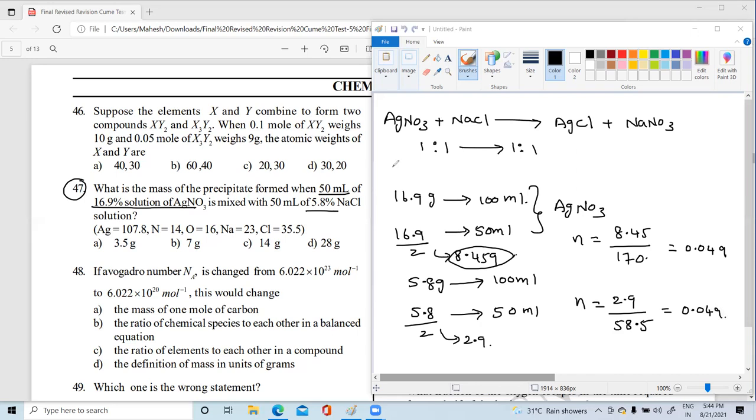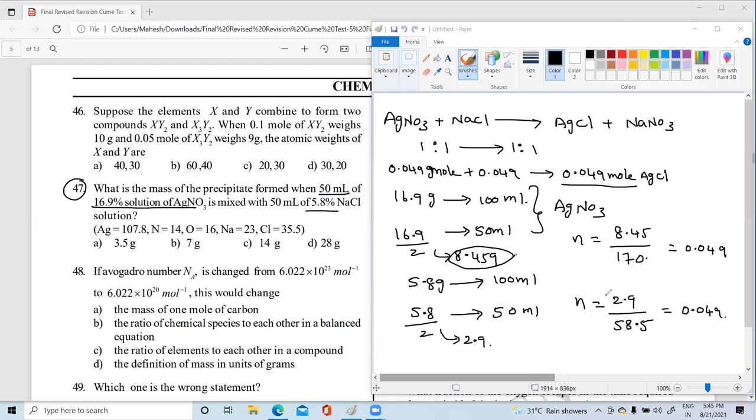So that means 0.049 moles of AgNO3 react with 0.049 moles of NaCl and will give the same moles, right? Why? Because the ratio is the same. So 0.049 moles of AgCl precipitate will be formed. Moles we know, then given in grams, right?